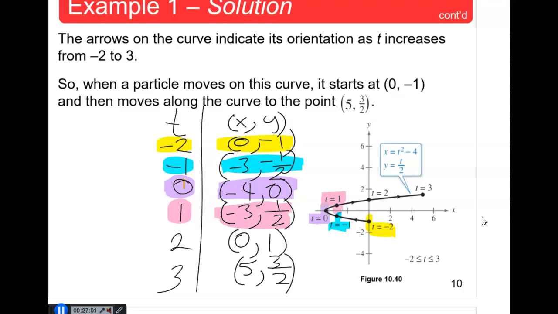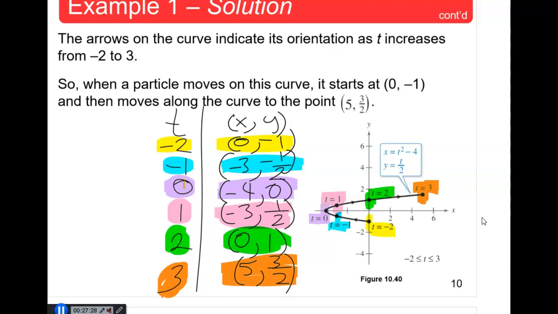There we go. Then we have t equals 2, and the point is 0, 1, right here on the y-axis. And then finally, we found the one from t equals 3. And the point that we got from there, the coordinates were 5, 3/2, and that is the point that you see here.